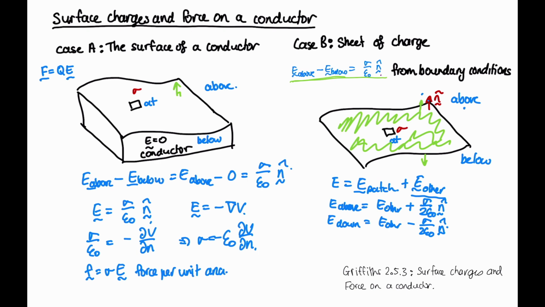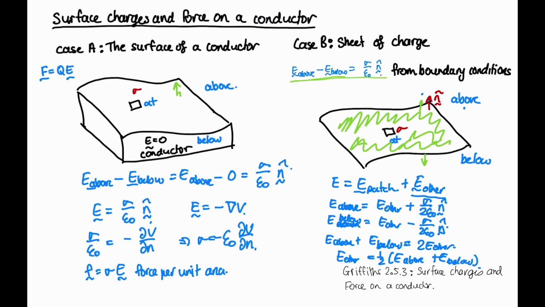So using these two expressions, if we sum these together, we can come up with an expression for E other. So we've got E above plus E, well, I should have said below, not down. Sorry, that's below. E above plus E below is equal to 2 E other, which tells us that E other is equal to a half of E above plus E below.